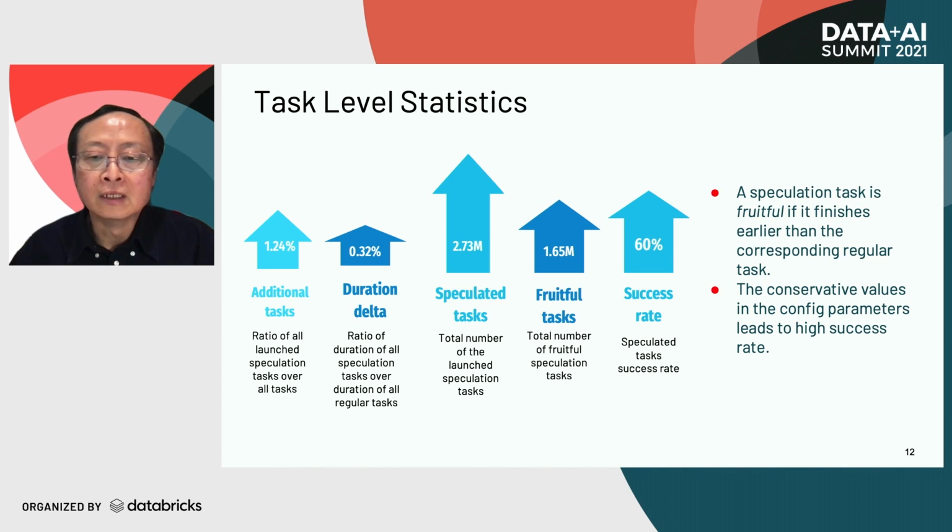And here we found out that if we divide the total number of fruitful tasks over all the speculation tasks launched, we get 60%. Yes, the success rate at 60% is kind of high. This is because we set conservative values in our configuration parameters.